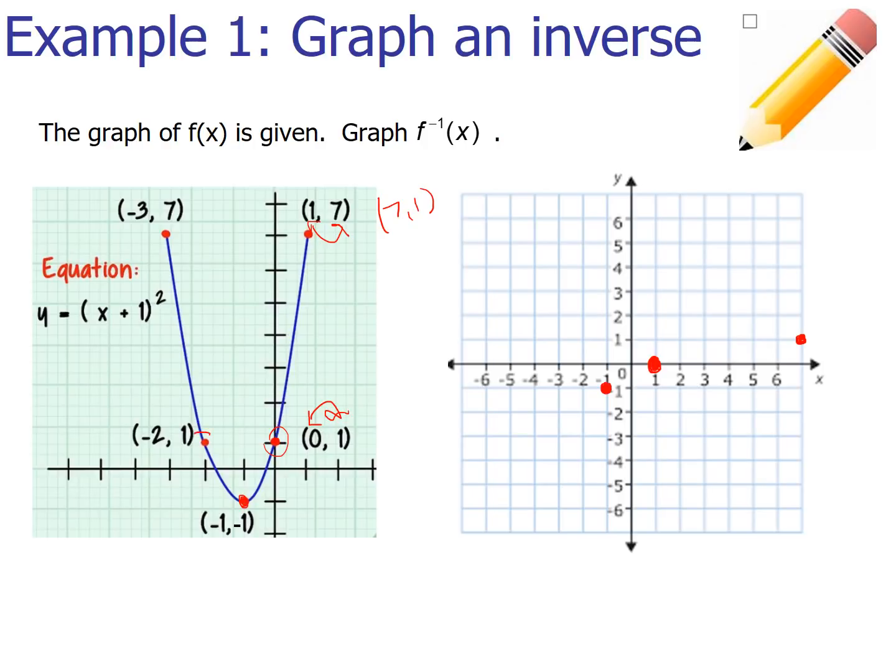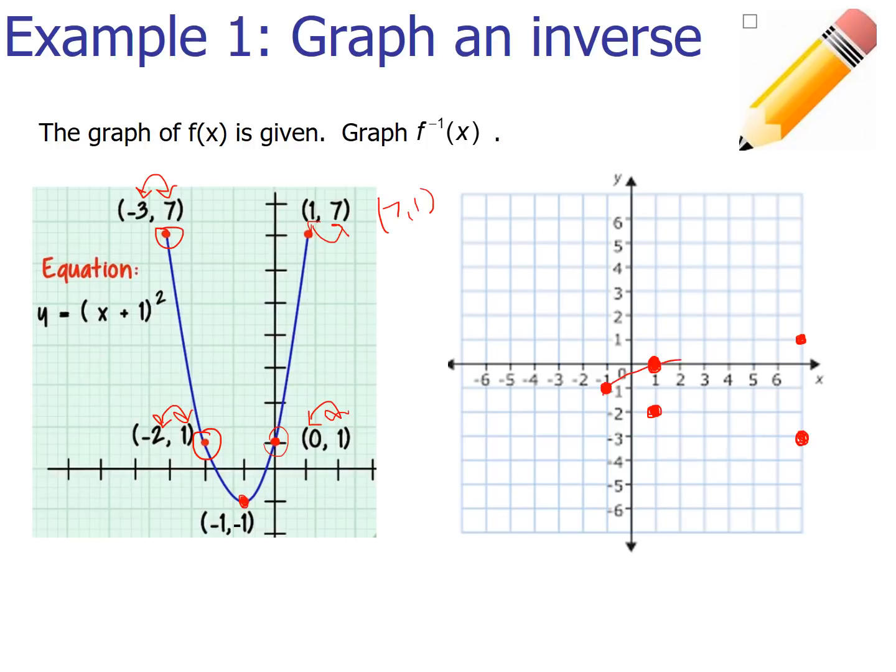Now we're going to move to this point, negative 2, 1, and switch the x and y values. So now my new point is going to become 1, negative 2, which means to the right 1 and down 2. And now my last point is negative 3, 7, and we're going to switch that x and y value. So it's going to become 7, negative 3, so to the right 7, down 1, 2, 3.